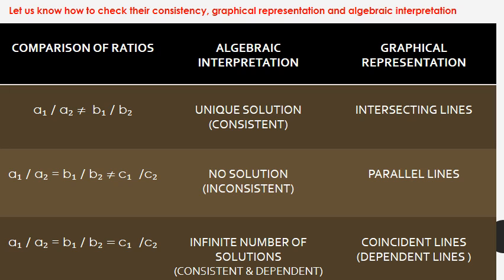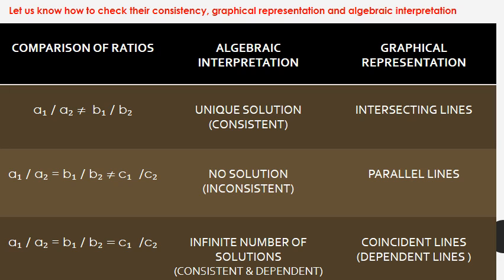Second, if a1 by a2 is equal to b1 by b2 but not equal to c1 by c2, then the equations have no solution, they are inconsistent, and the straight lines represented by the equations are parallel lines.